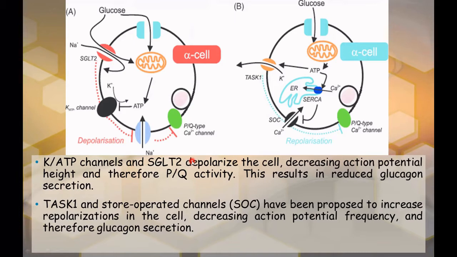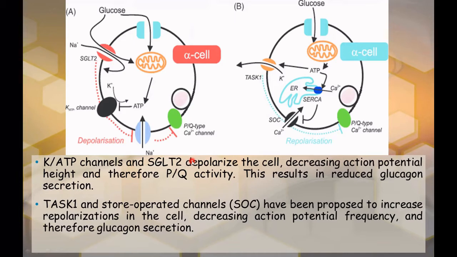So in this figure, you can see that the potassium ATPase channel and the sodium glucose transporter can depolarize the cell, but the depolarization is in such a manner that the action potential is less compared to a normal system. As a result, there is a reduced glucagon secretion.